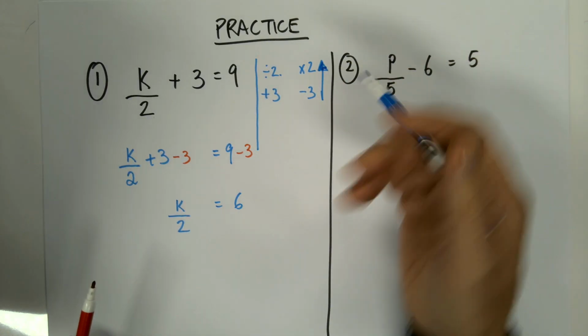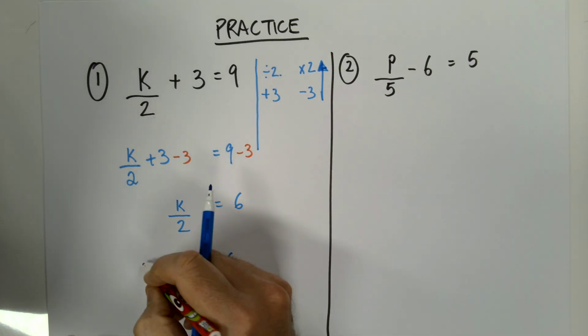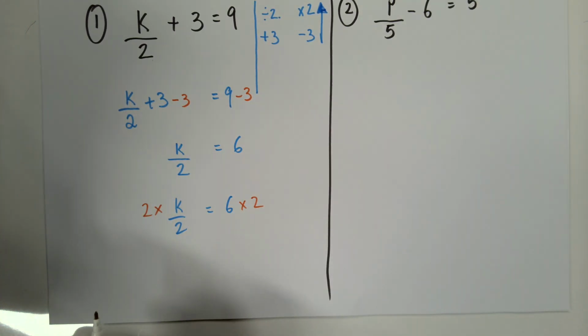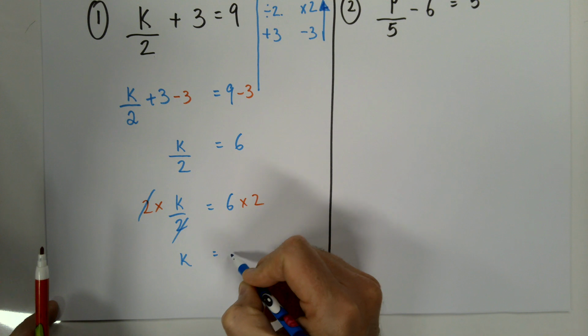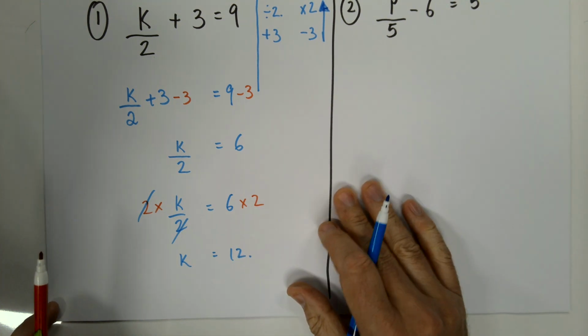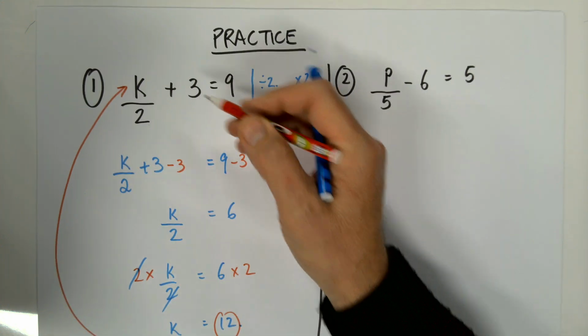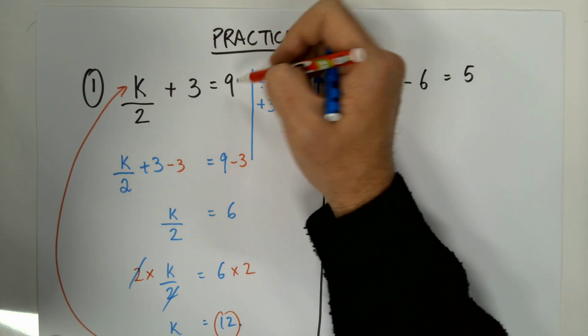Righto, now I multiply by 2. They cancel. So k equals 12. Come back up to here. I'll just put that back in. 12 divided by 2 is 6. 6 plus 3 is 9.